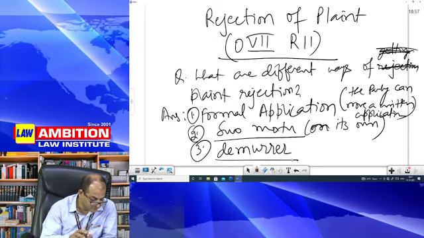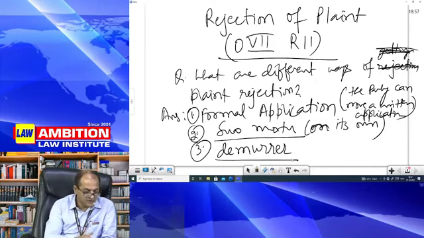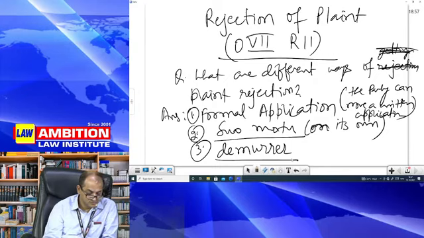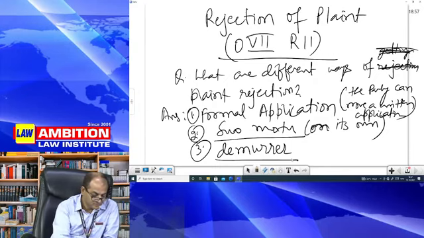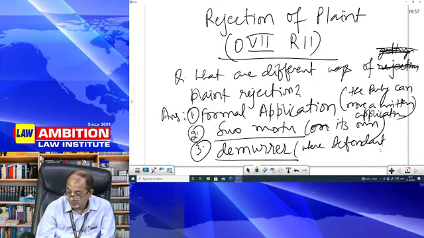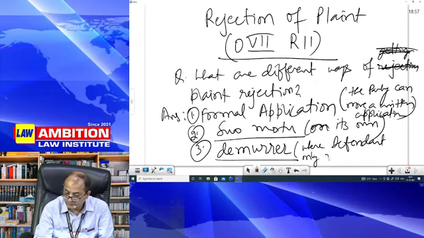Demurrer means basically an objection. So demurrer refers to the situation where the defendant only makes an oral request.